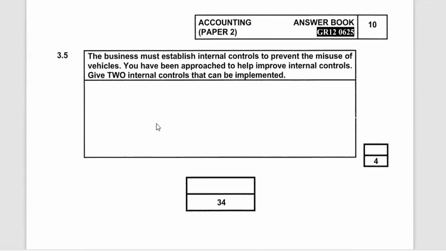3.5. The business must establish internal controls to prevent the misuse of vehicles. We have been approached to help improve internal controls. Give 2 internal controls that can be implemented. So first thing we can say, install car trackers to monitor the drivers.